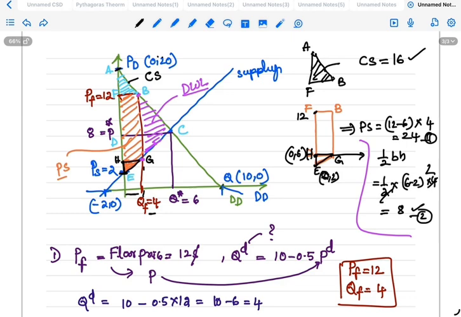First draw the demand curve, then the supply curve, setting Q equals 0 and P equals 0 to find the X and Y intercepts. Then find the equilibrium quantity and price, Q star and P star, where supply equals demand. Given the floor price, find the quantity at the floor price, and from that you find all these values.